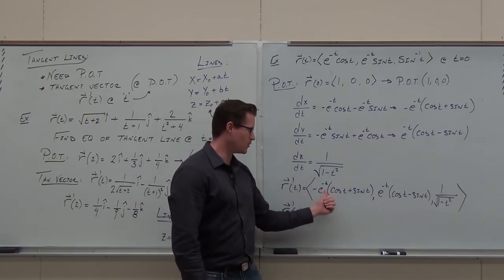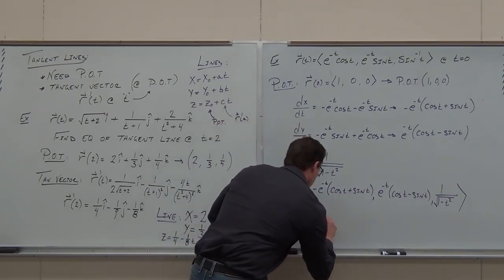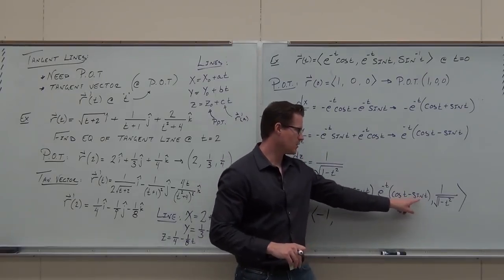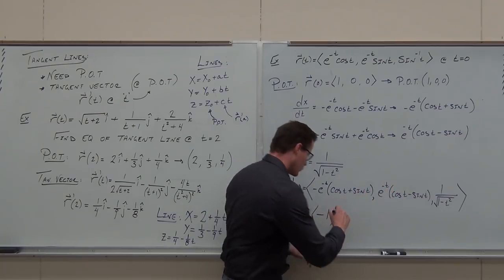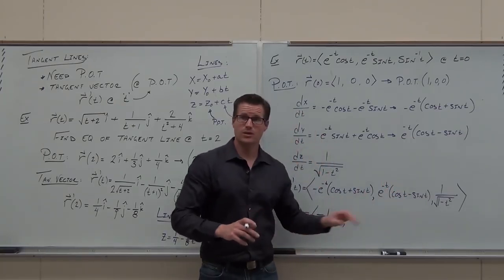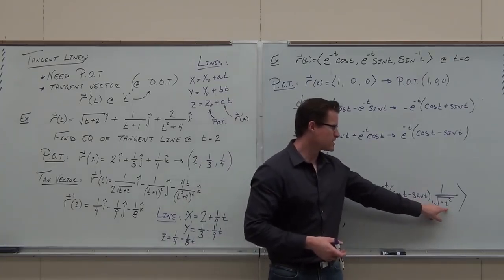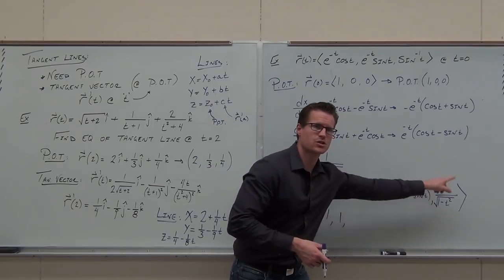I get negative 1 times 1, that's negative 1. Same thing happens here. I get 0, I get 1. 1 minus 0 is 1. E to the 0 is also 1. 1 times 1 is 1. Even though it looks nasty, it doesn't have to be hard. It just looks better. What's t going to again? 0. So this is also how much? 1.